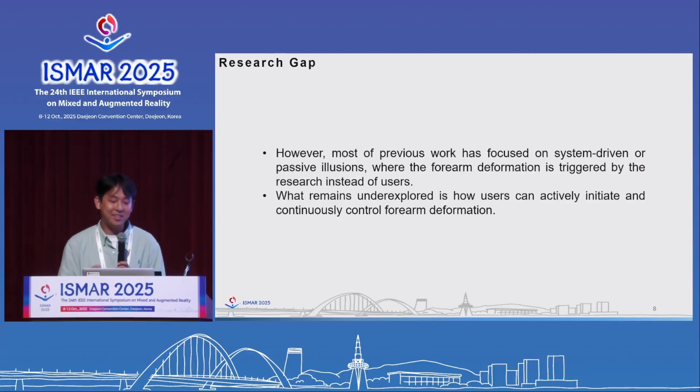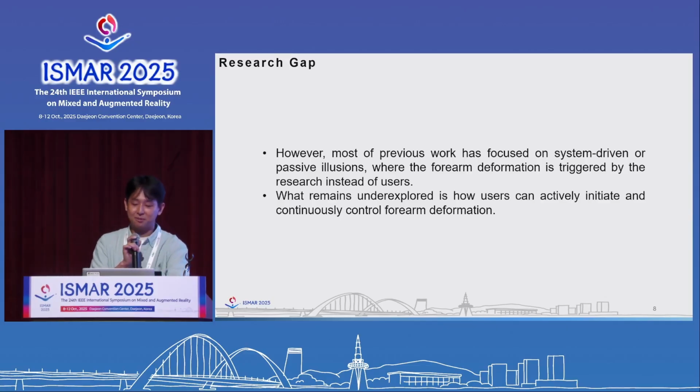So we already know the illusion can create the feeling of deformation, and that users can even actively control avatar deformation in VR. But what's still missing is forearm-specific control. Most previous work has focused on system-driven passive illusion, where the forearm deformation is triggered for the user rather than by the user.